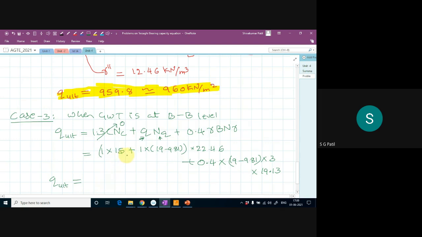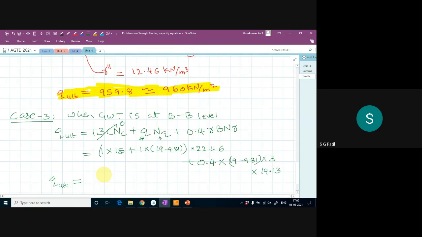1 meter, 1 into 15. No. Anybody else? Any other answer? 1194. I think I am not getting 1194. Let me calculate myself.